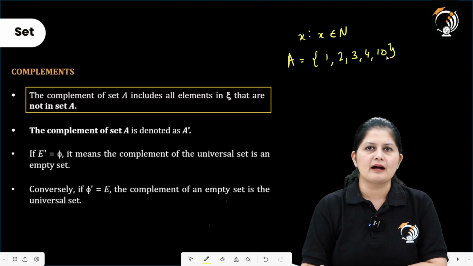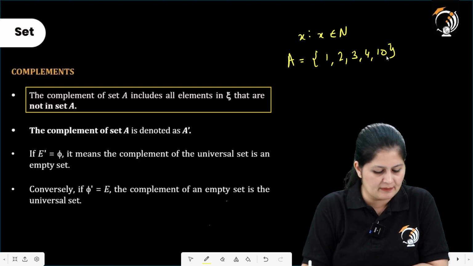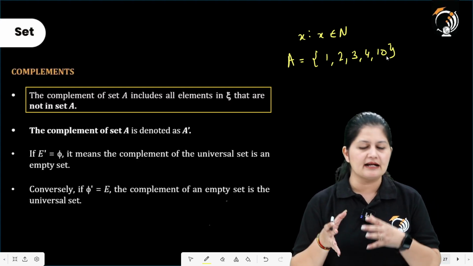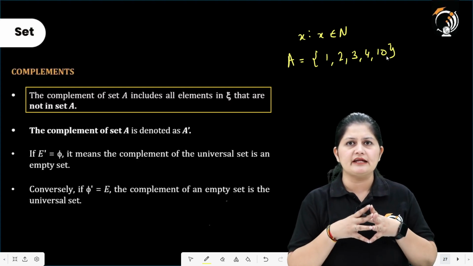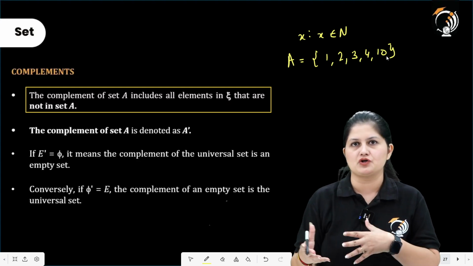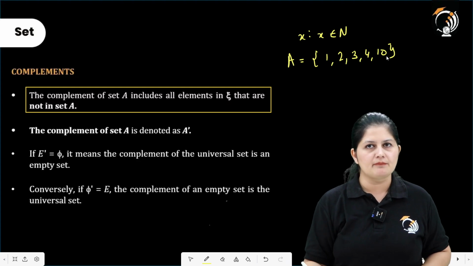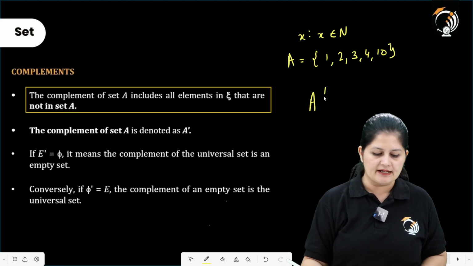The elements which are not in the given set are going to be the complements. So the complement of a set includes all the elements in E that are not in set A. The complement of set A is denoted by A dash. This is how we represent it.